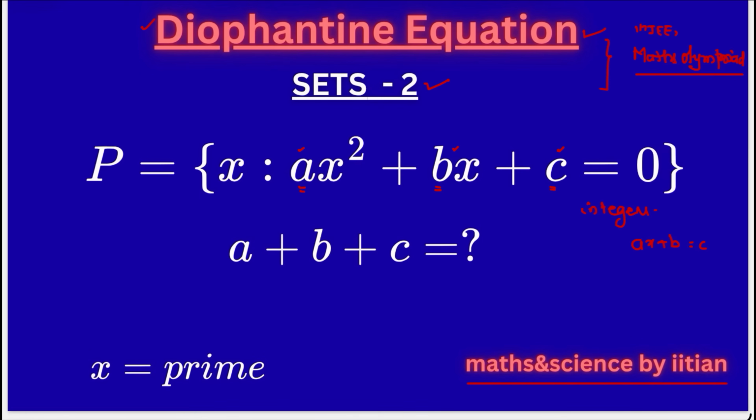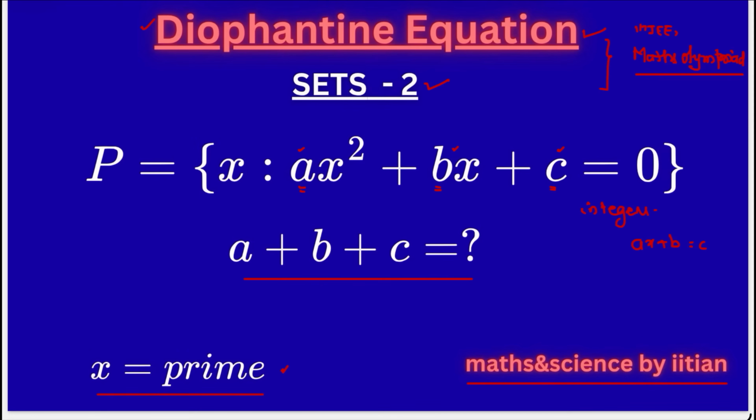Then only a single equation is given in set form, and we have to solve for a plus b plus c is equal to how much, where the root of the equation is a prime number. It's a quadratic equation.